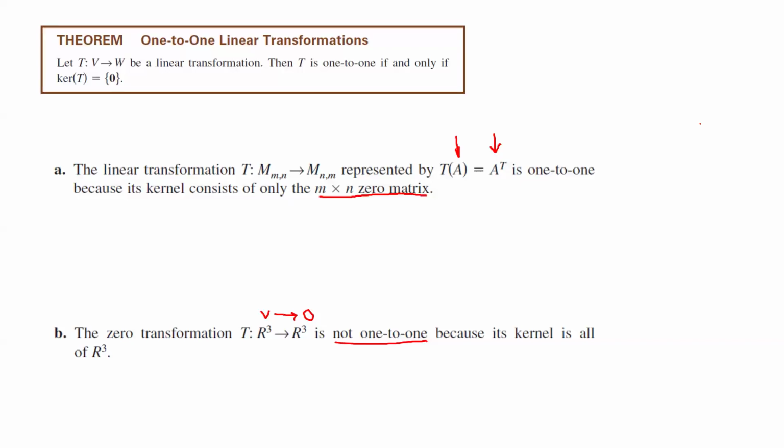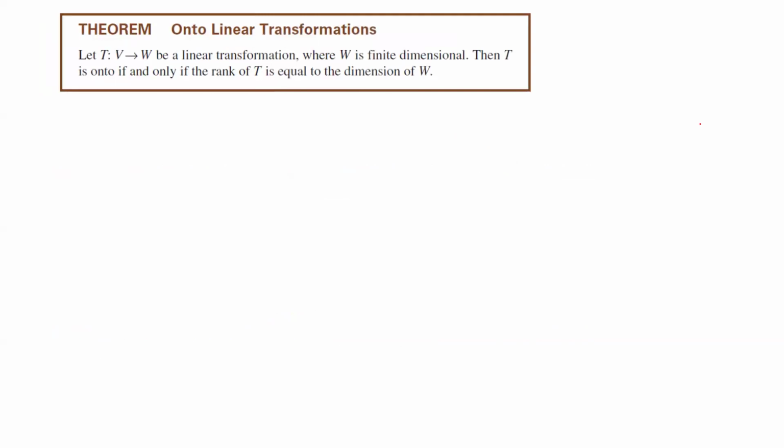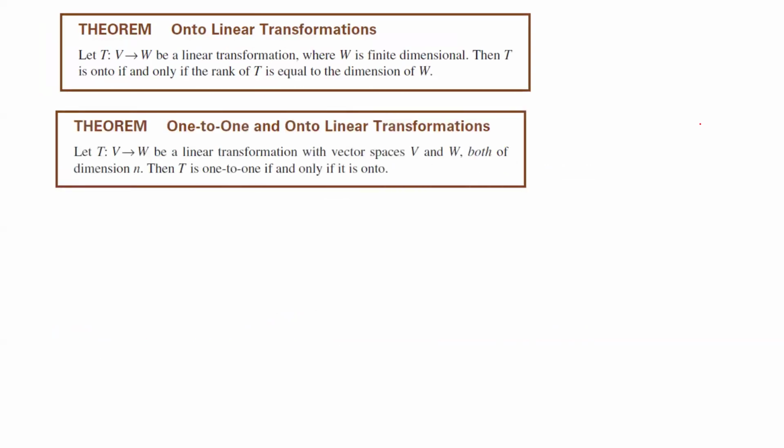Now that we introduced the one-to-one linear transformations, we are interested in defining onto or surjective linear transformations. Let T from V to W be a linear transformation, and suppose W is a finite dimensional set.